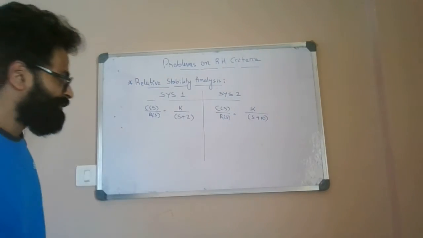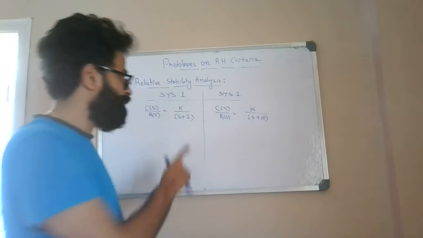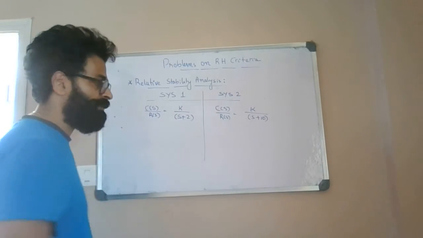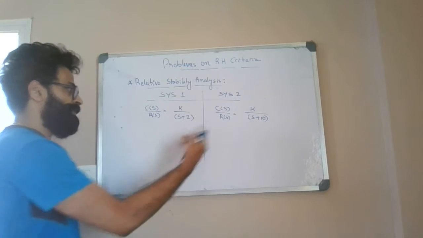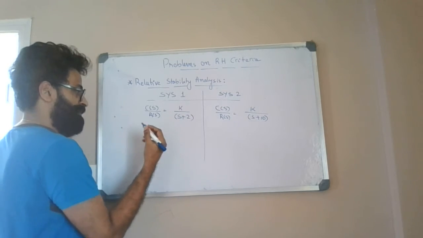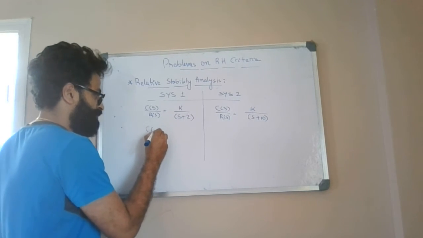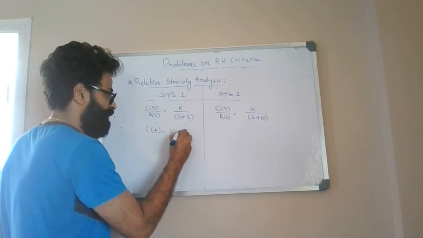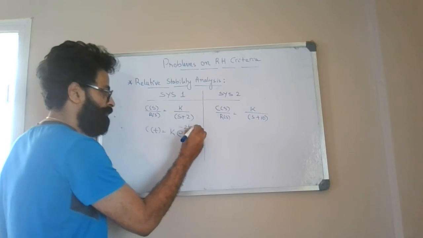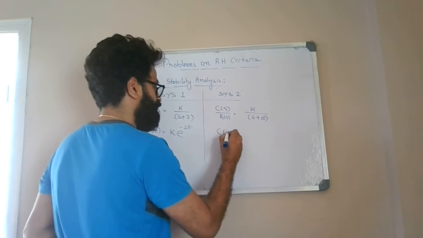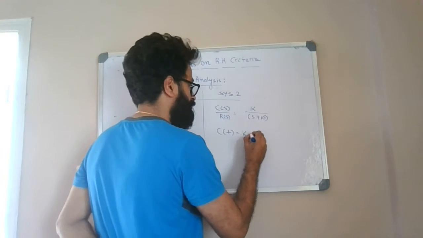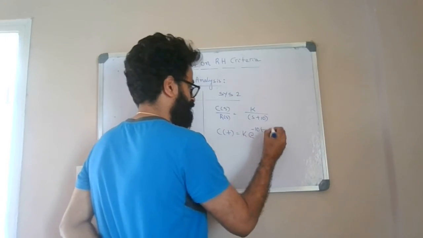Now, as you can see from both the system descriptions, both are stable systems in the sense, if you consider, let's say for example, impulse response, you will get C of t as some constant k into e to the power minus 2t. And similarly, here you will get the impulse response C of t as k into e to the power minus 10t.